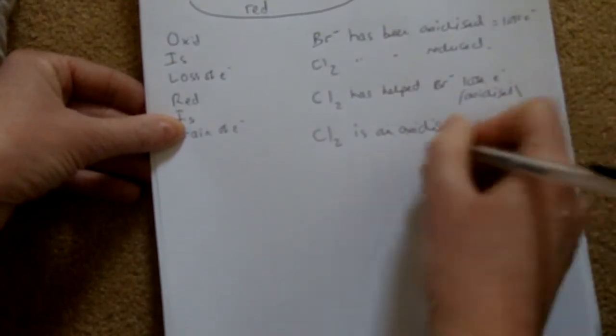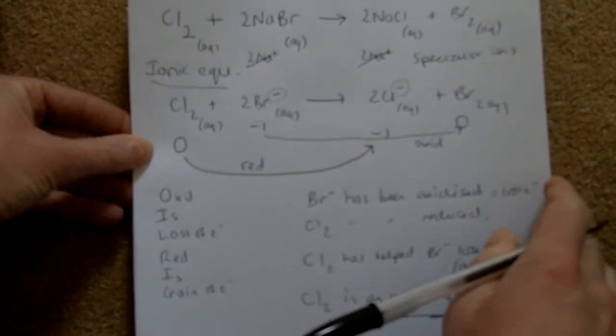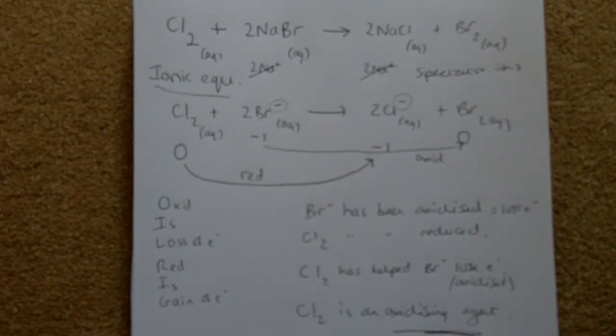A good way to think about it is like an estate agent. An agent helps you buy a house or sell a house. The estate agent doesn't buy your house; it helps you to sell your house.